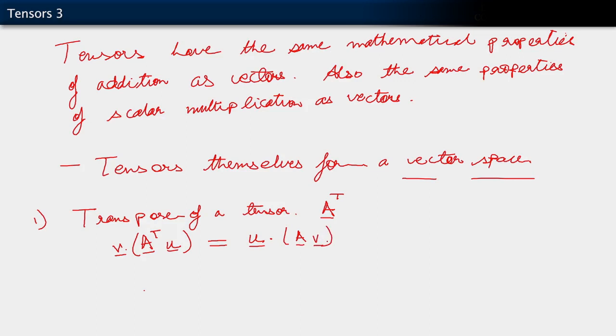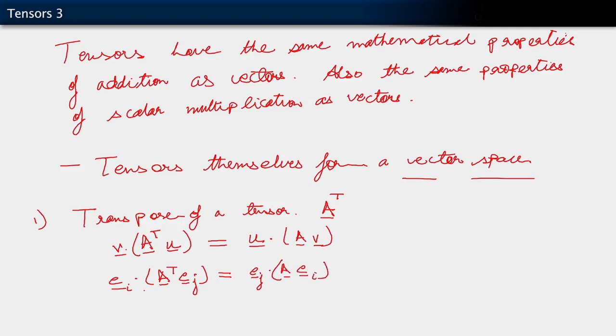To see how this works out more specifically in terms of the components of A transpose, we repeat this operation by using basis vectors EI and EJ in place of V and U. So we simply write this as EI dotted with A transpose EJ, and this is, being careful now, EJ dotted with A acting on EI.